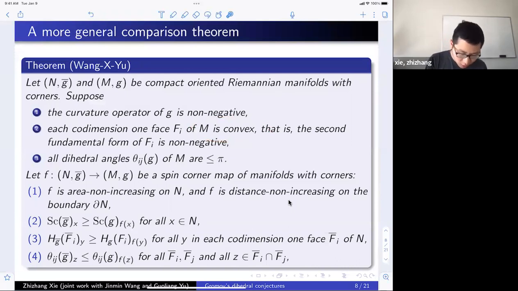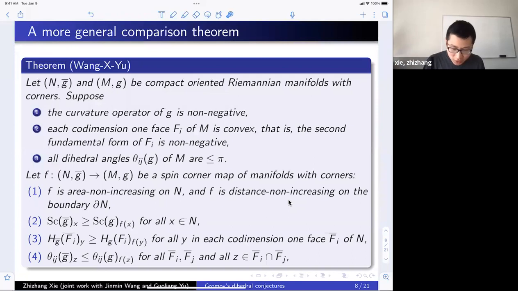So, as you have probably guessed, the method we're going to use is the Dirac method. So at some point, the spin condition would appear naturally. Of course, in Gromov's original conjecture, we're just looking at the polyhedron, which of course is spin, so nothing to worry about.